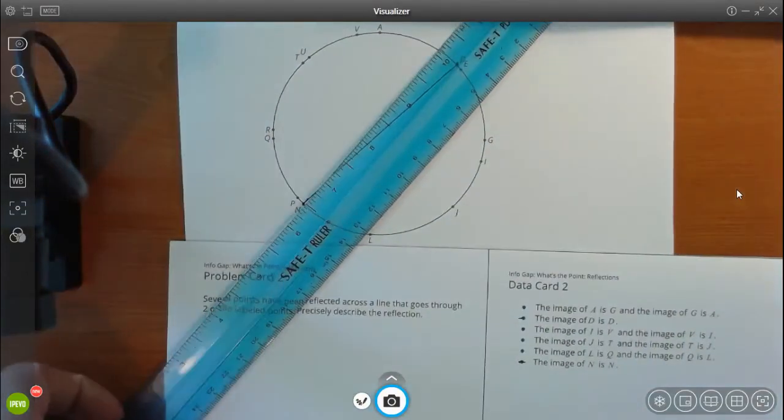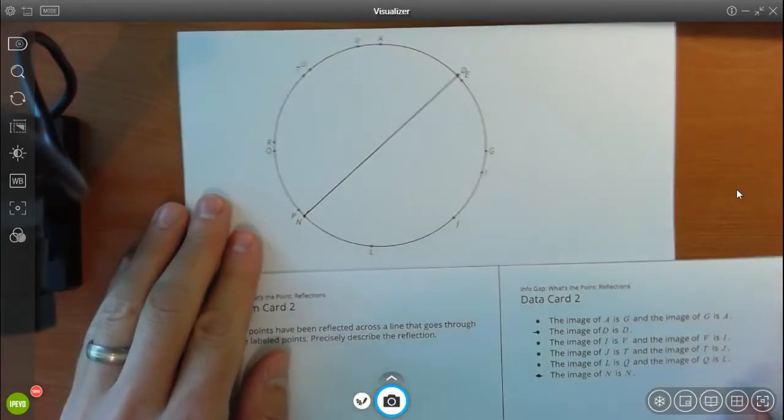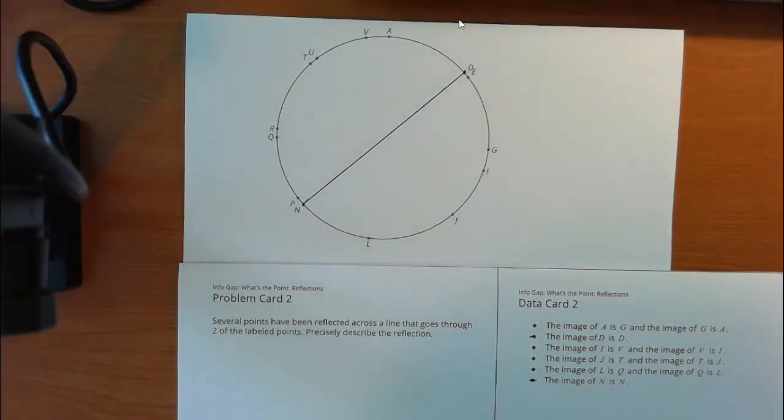So now we know what our line of reflection is, and we need to use that to figure out the entire reflection in this problem.